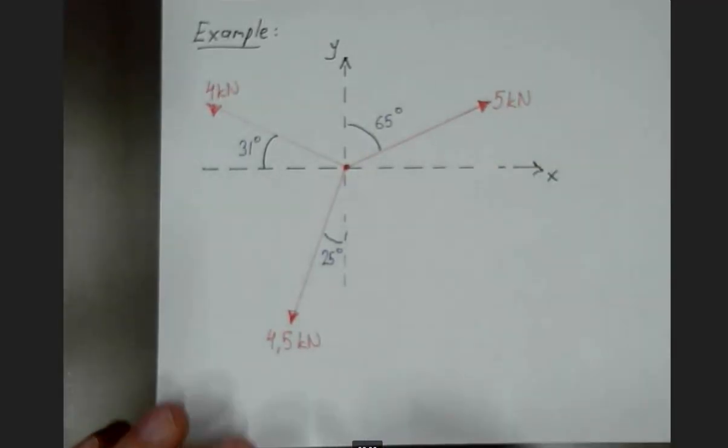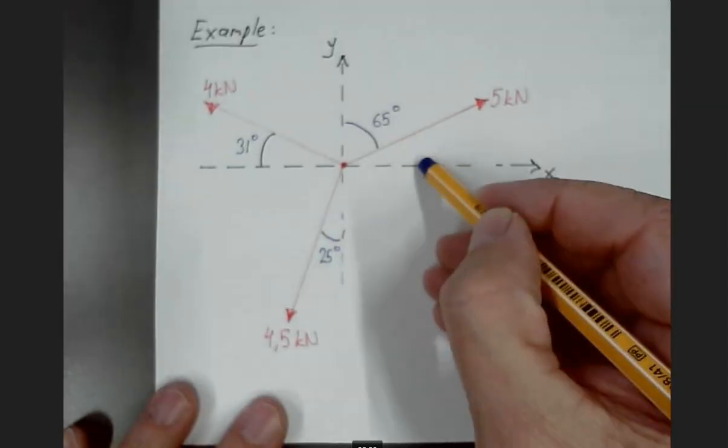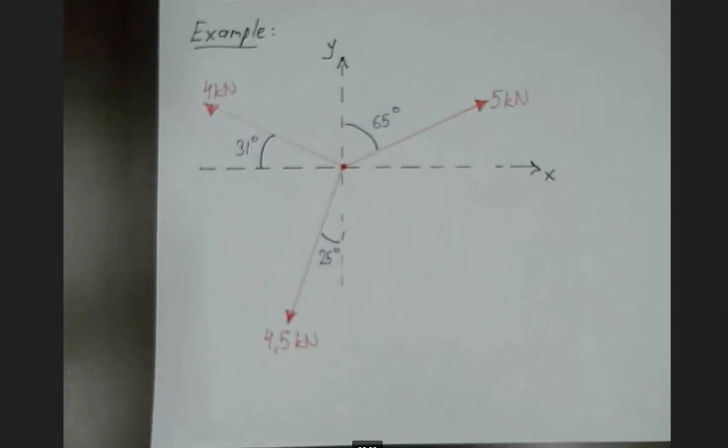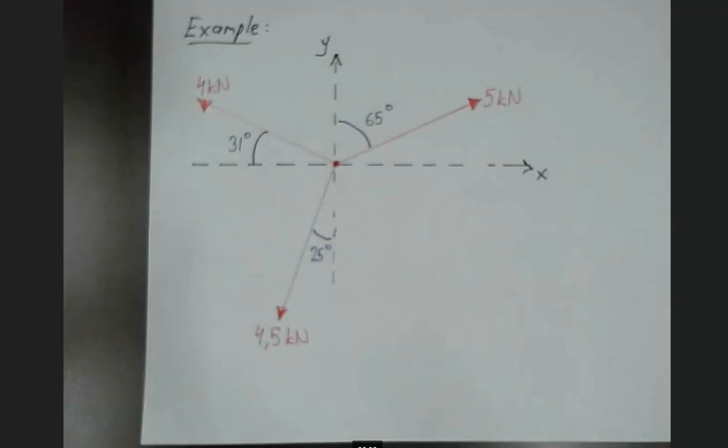But anyhow, when we are using the angles measured from the horizontal plane, then we can make a calculation where we calculate the x component of the resultant force, and in that x component we only use cosines if we know the angles measured from the horizontal plane.